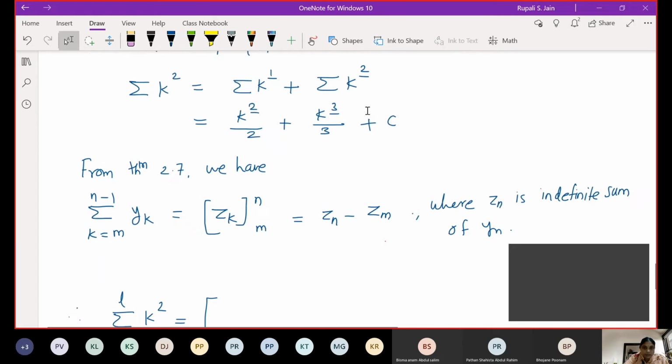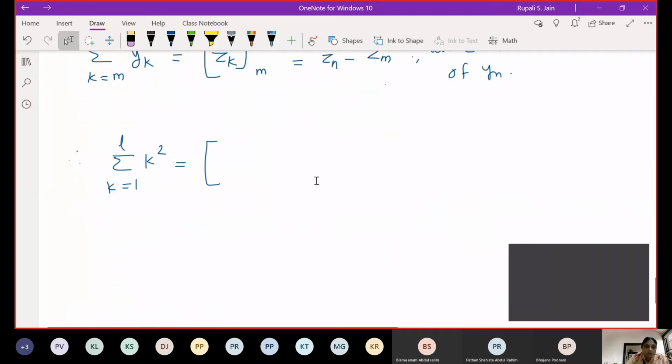Zk is this one, right? This is my Zk, the indefinite sum of k square, k to the 2 falling divided by 2 plus k to the 3 falling divided by 3 and plus c.